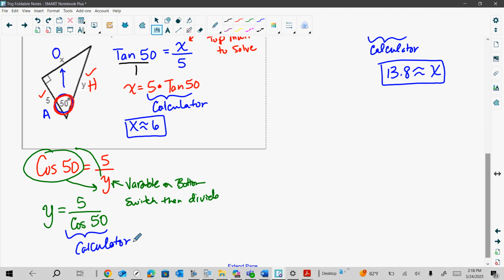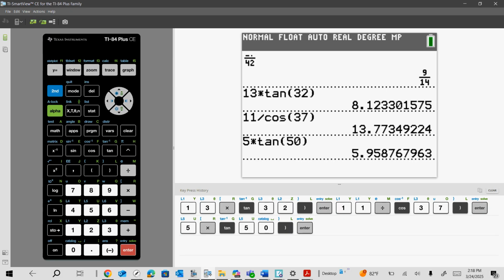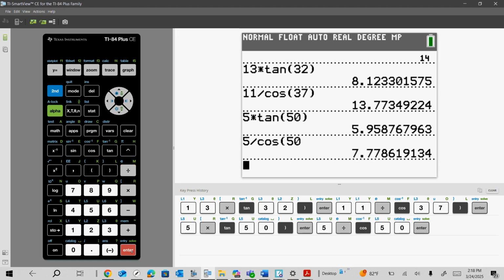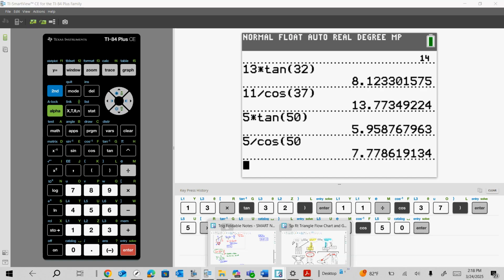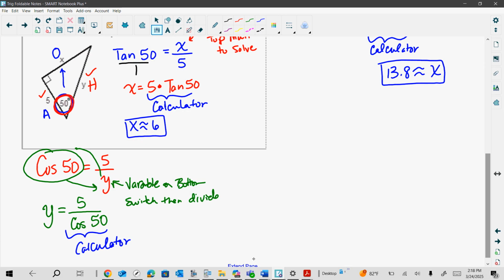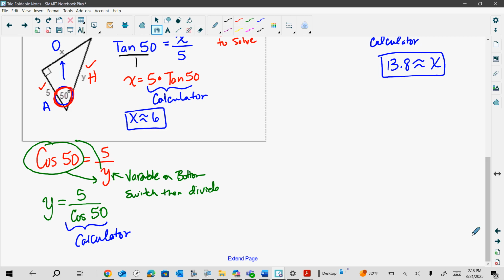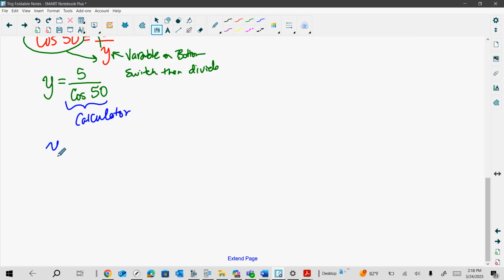So you have to type in 5 divided by cosine of 50 and then enter, and now we get 7.8 for our y. So y is approximately 7.8.